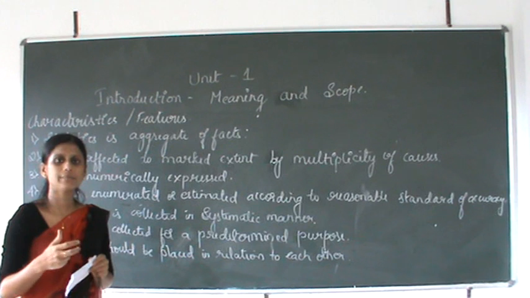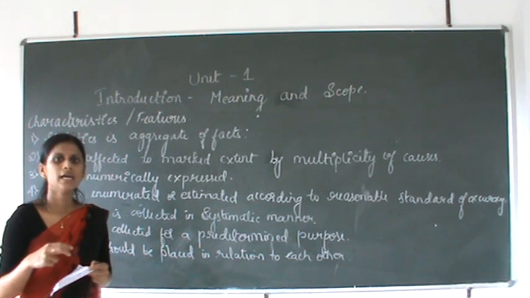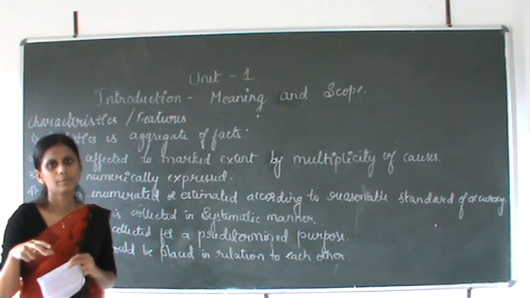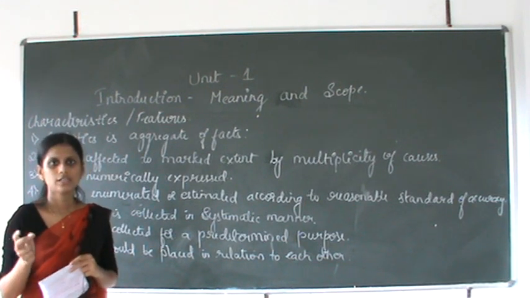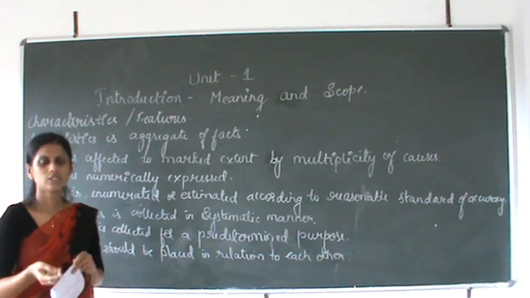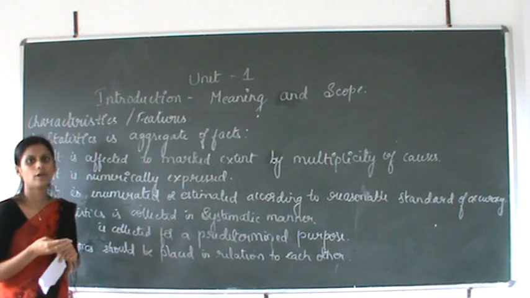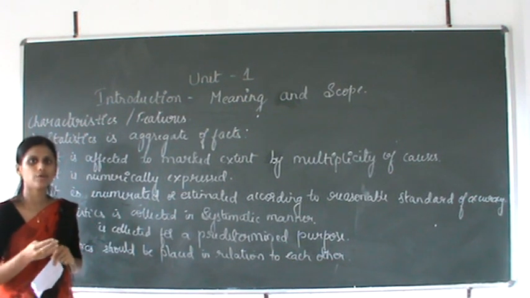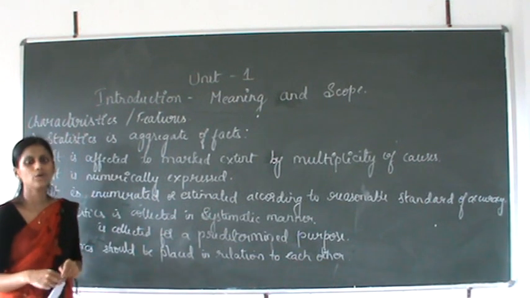That means you have to collect similar kinds of data. For example, if you want to compare the height of people, you can't compare the height of a person with the height of a tree. They are two different things. So the data you collect should be of homogeneous nature. Then only you can make the comparison.